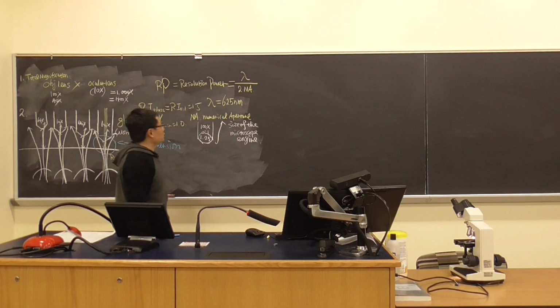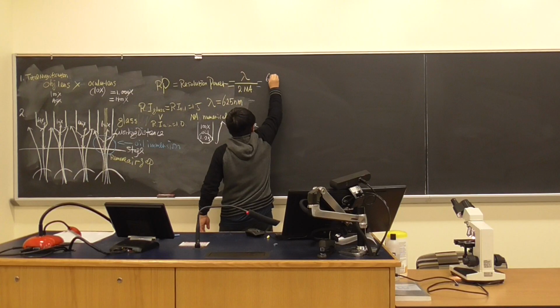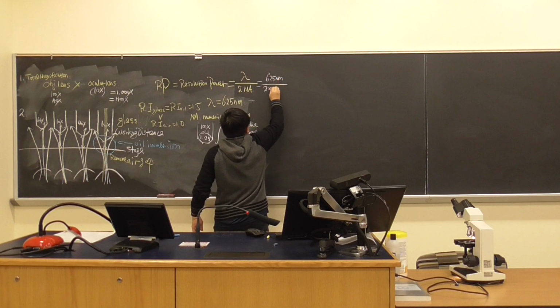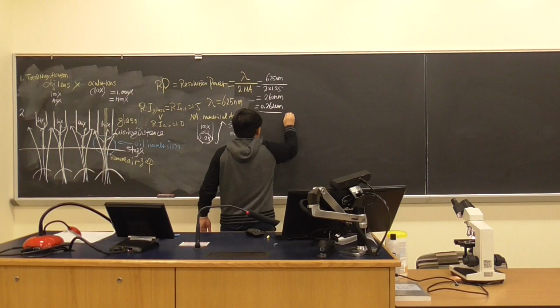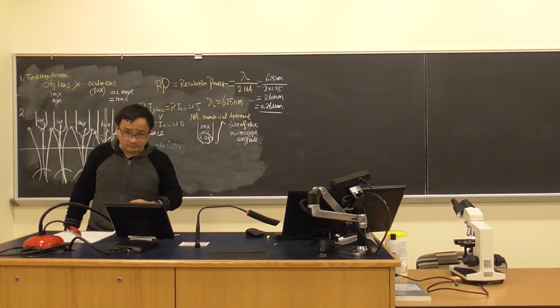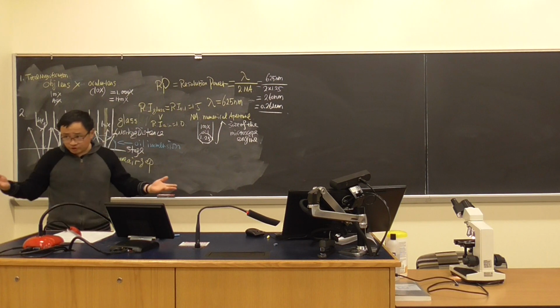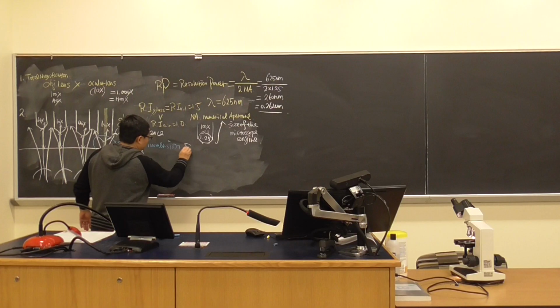So if you want to do a calculation, what does it equal? 624 nanometer divided by 2 times 1.25. This equals 260 nanometer, which equals 0.26 micrometer. Why is this number important? What is the average size of a bacteria? Let's say Staphylococcus aureus.